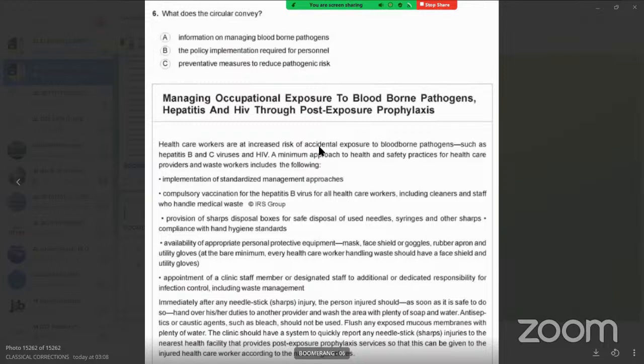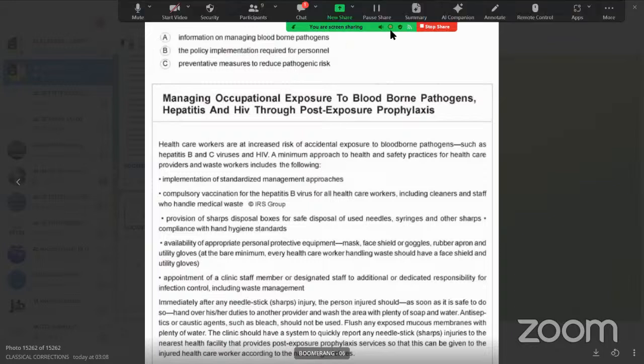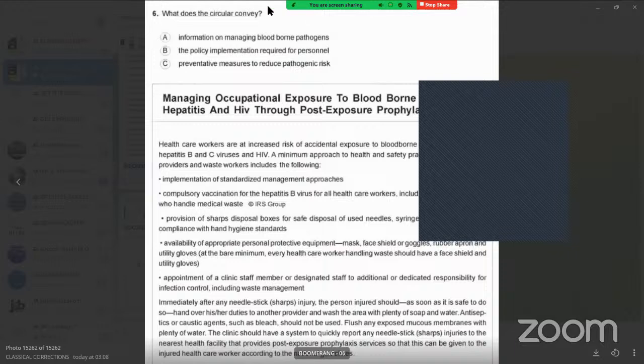Accidental exposure to bloodborne pathogens, that is the risk. Increased risk is there, so you have to reduce this risk by taking these preventive measures. These are all preventive, protective measures, because there is a lot of risk.